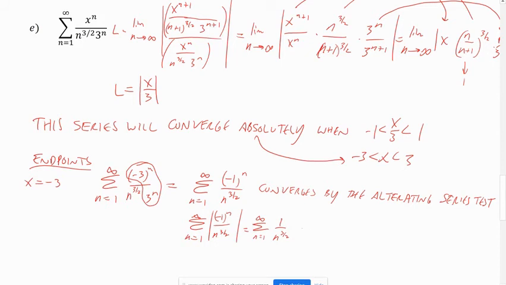And this also converges by the p-series test. And so that means it converges absolutely at x equals -3 also.